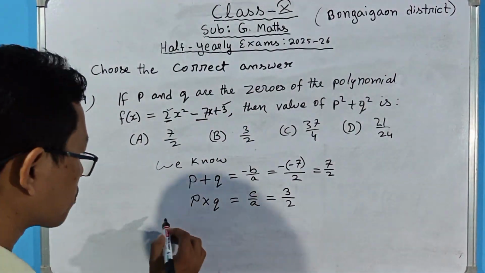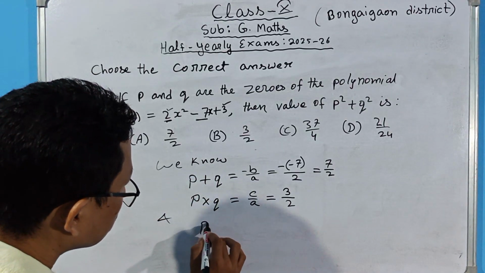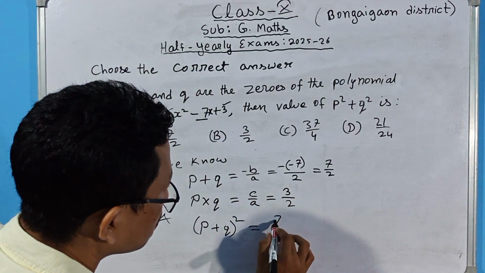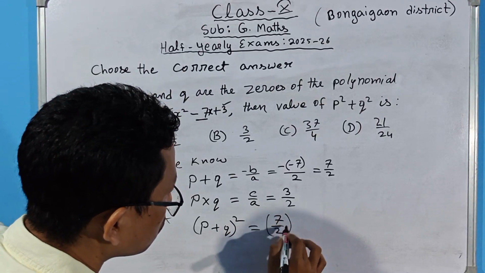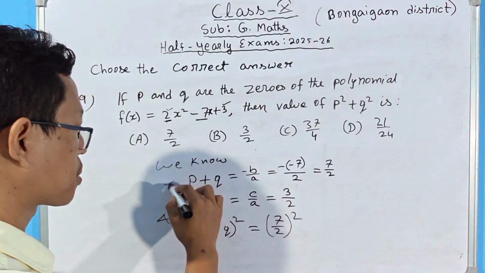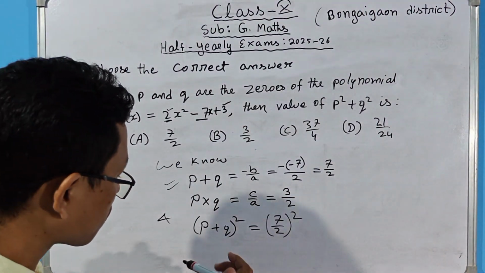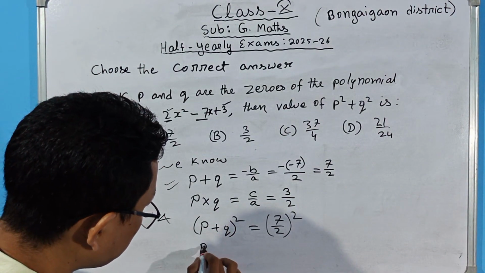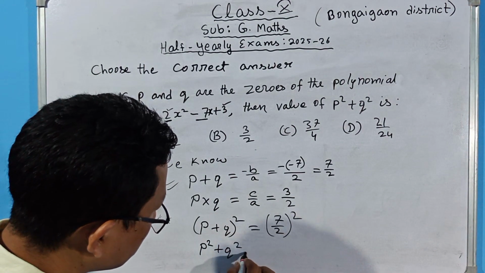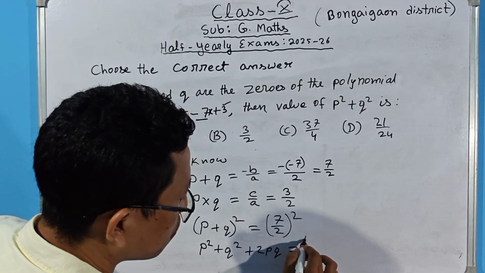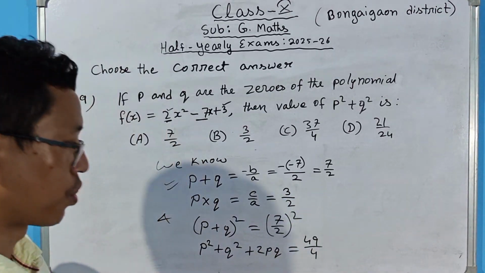So now, P plus Q whole square, squaring both sides, we get P square plus Q square plus 2PQ equals 7 7s are 49 by 4.